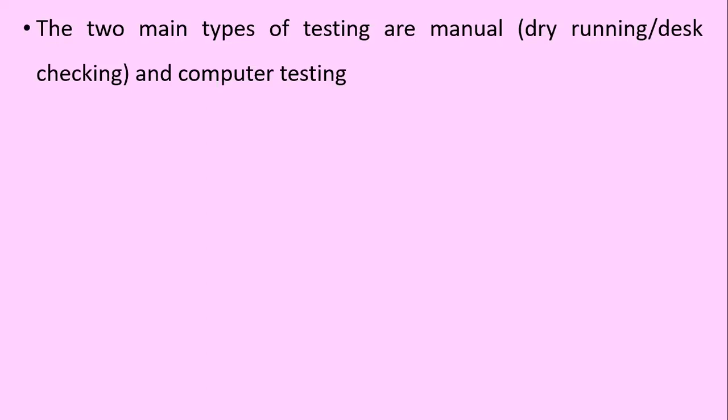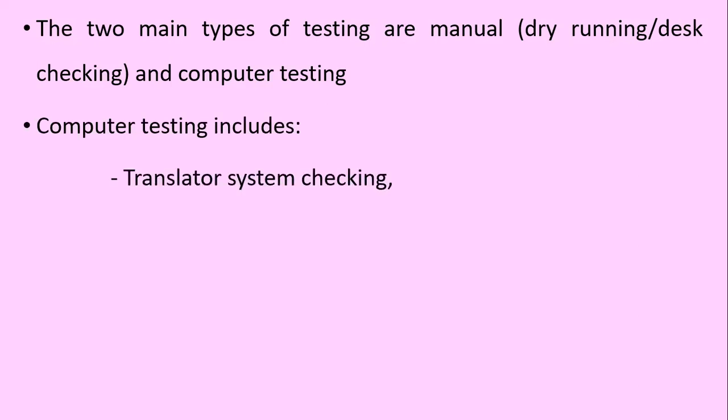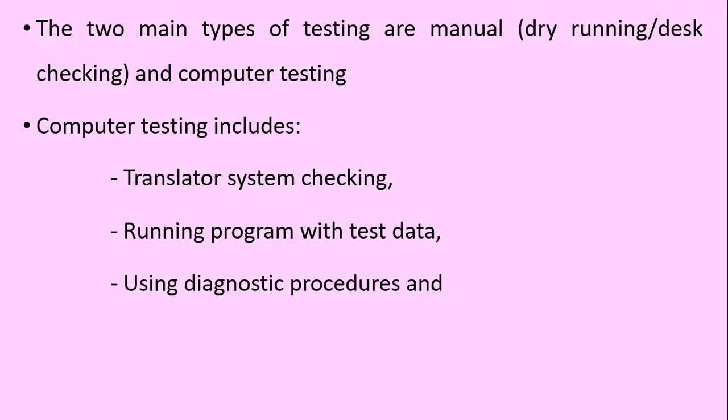The two main types of testing are manual, or what we call dry running or desk checking, and computer testing. Computer testing includes translator system checking, running program with the test data, using diagnostic procedures, and system tests with actual data.